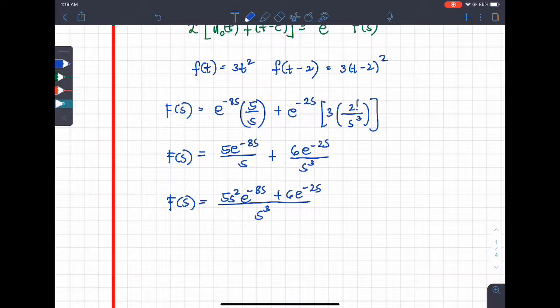So for the Heaviside function, where the unit step and the involved functions are properly shifted, our final answer is 5 over s e raised to negative 8s, plus 6 all over s cubed e raised to negative 2s.